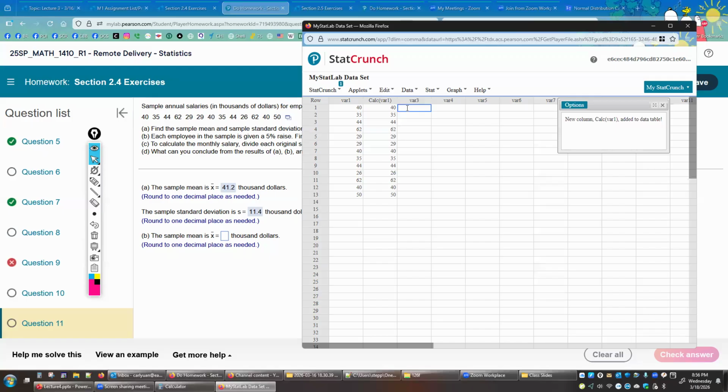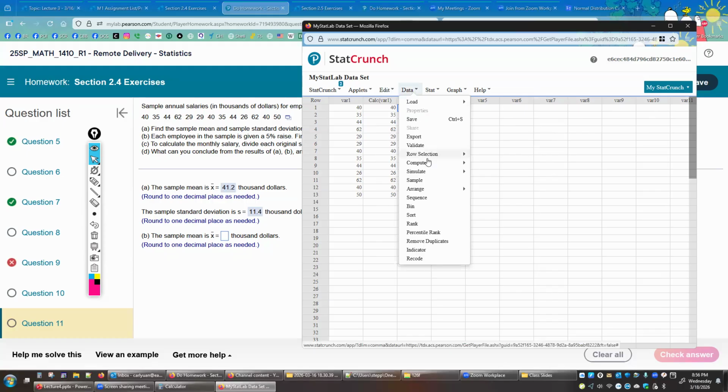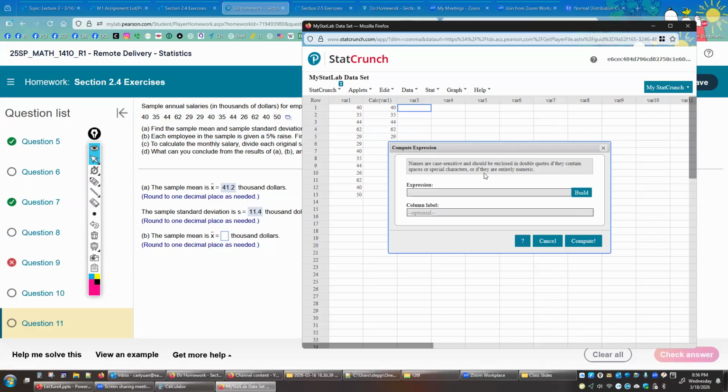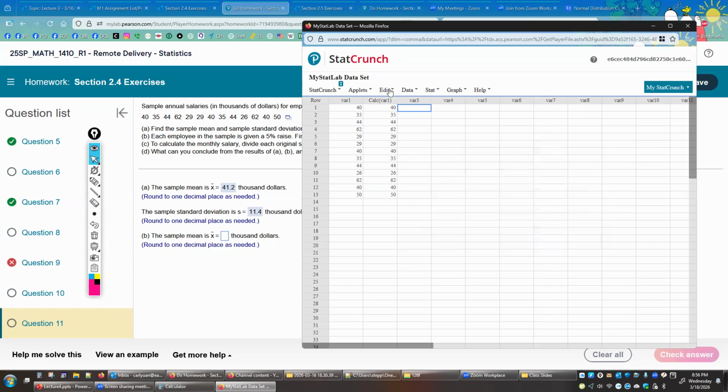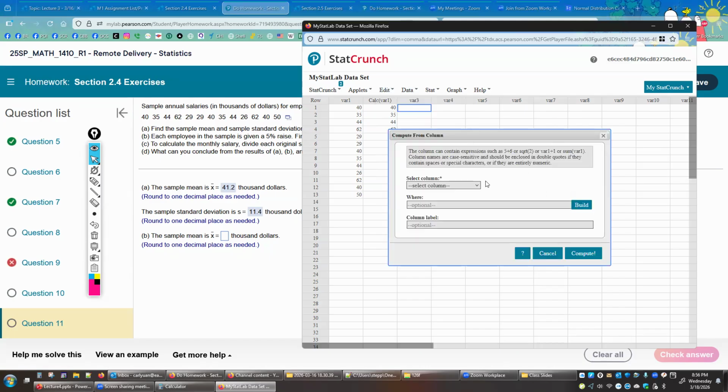So let's try again. This time I'm going to do compute expression. Let's do compute from column.